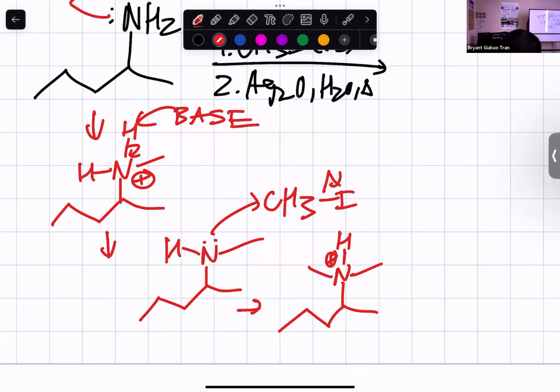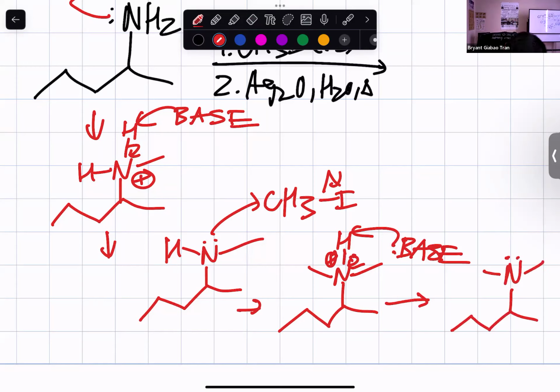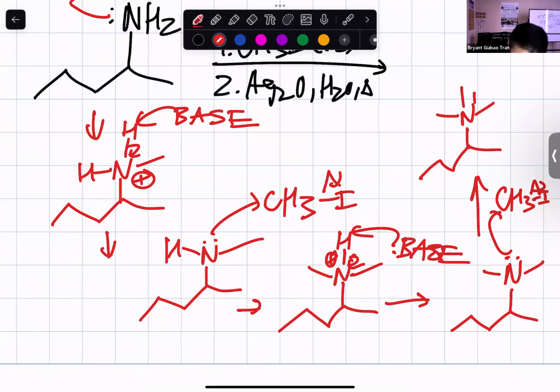And we keep going until we can no longer deprotonate or neutralize the nitrogen, right? So this nitrogen here is still nucleophilic. So we're going to attack another CH3I, keep going. And at this point right here, we can no longer deprotonate or neutralize the positive charge.